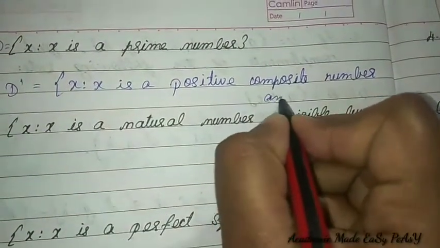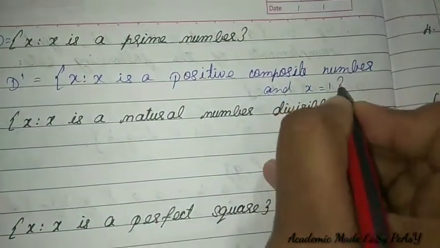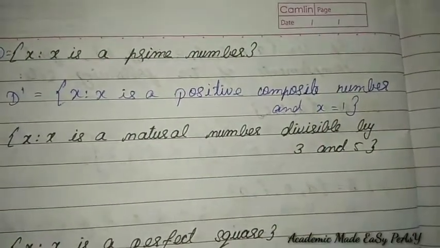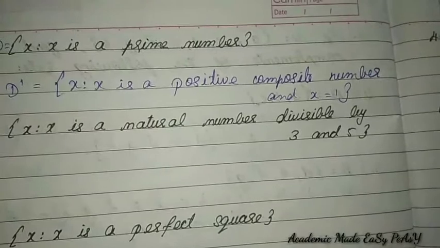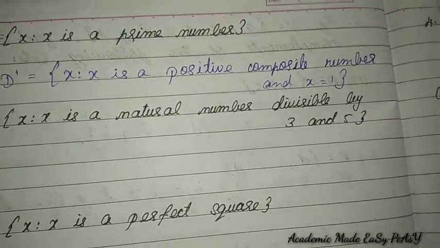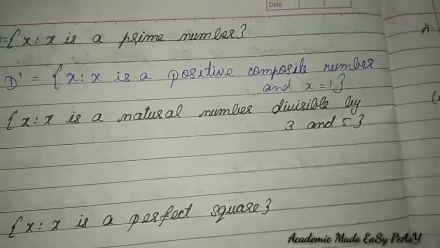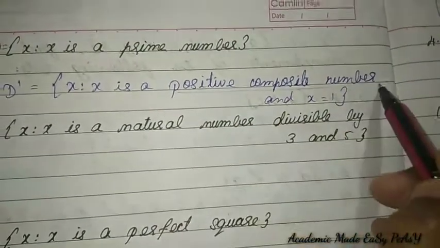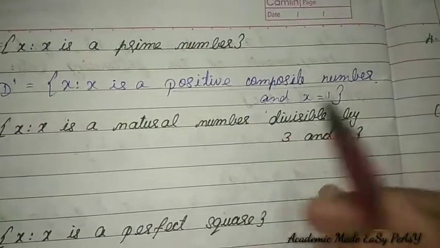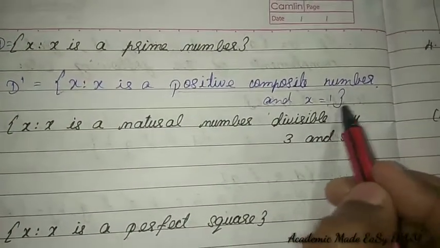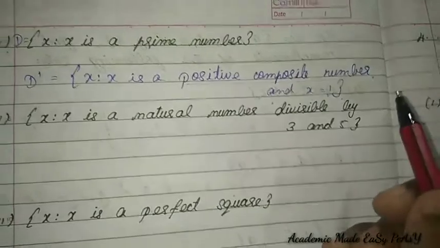So therefore x is equal to 1. So x such that x is a positive composite number. Why? Leaving out all the prime numbers, what is left? Composite numbers and 1, no? So therefore I have written positive composite number and x is equal to 1. We need not mention this as co-prime number.